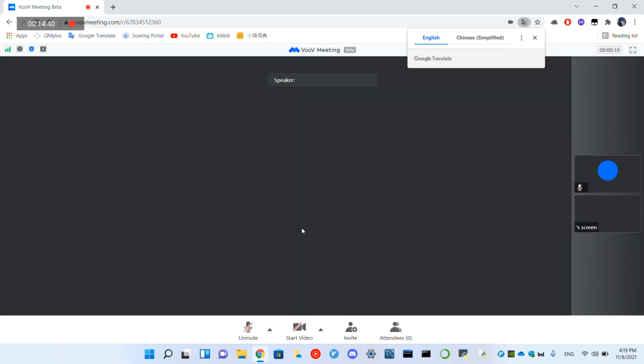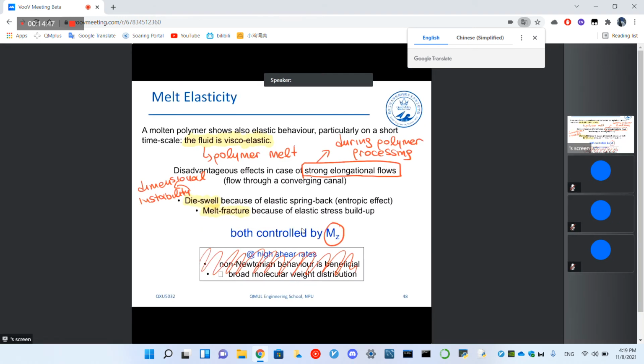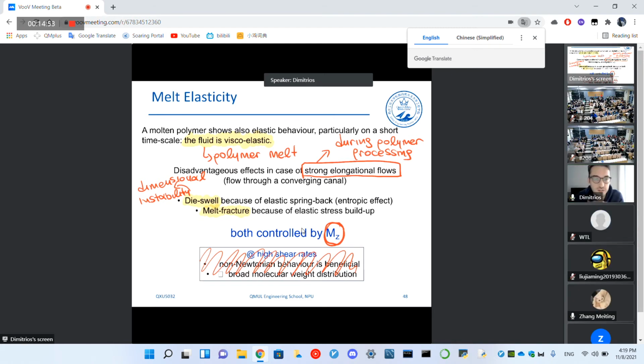Swell and melt fracture are controlled by the Z average molar mass, which we said, what is the Z average molar mass dependent on? What is the characteristic of the change that affects the MZ? What does the Z average molar mass essentially measure? Gives a distribution, let's say.